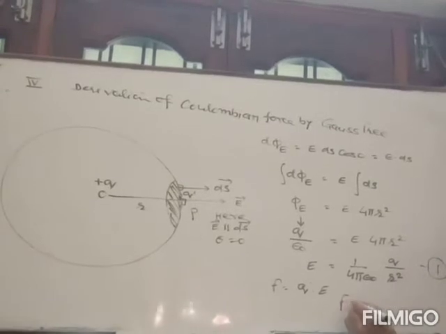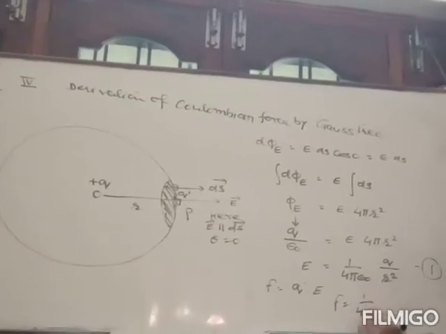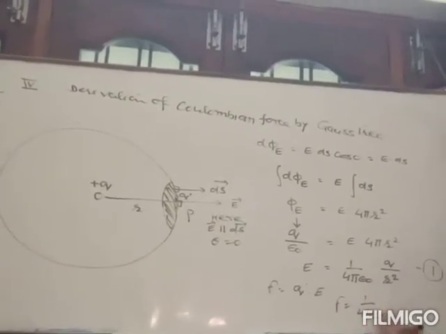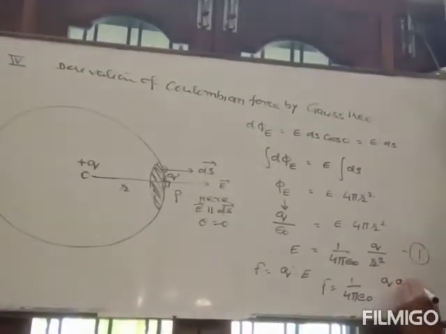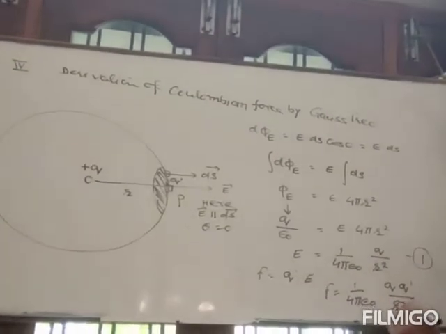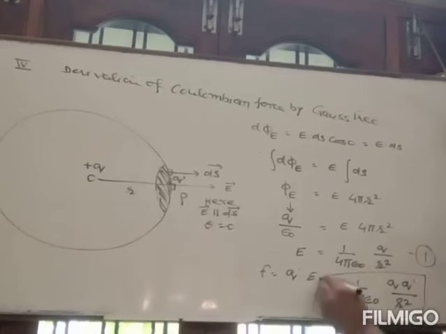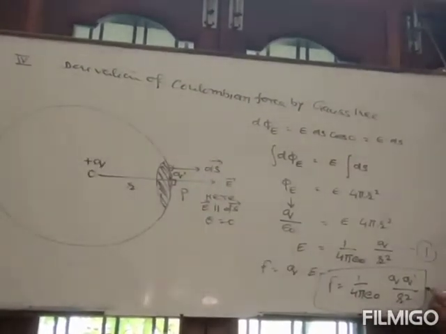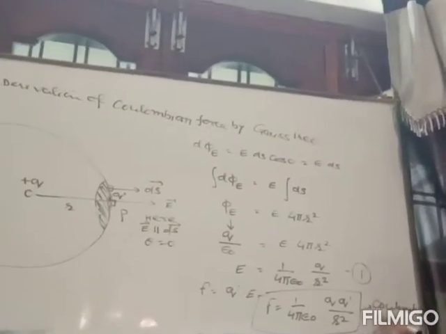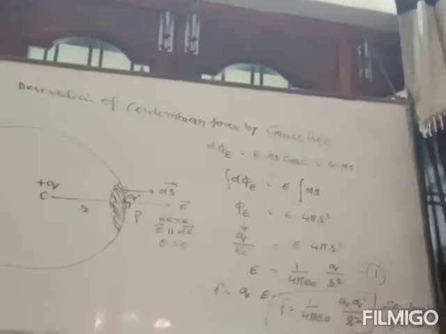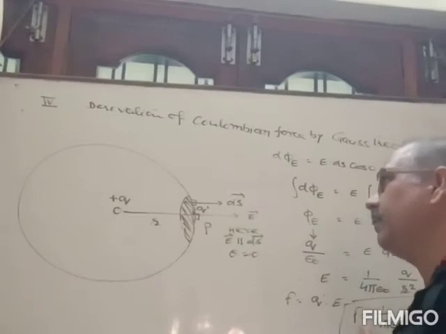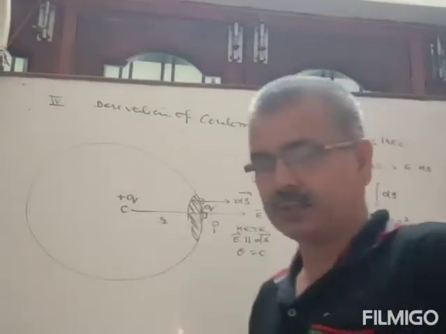So F is equal to 1 upon 4 pi epsilon 0 q q dash by r square, and it is the Coulombian force. So in this way we can derive the expression for the Coulombian force with the help of Gauss theorem.